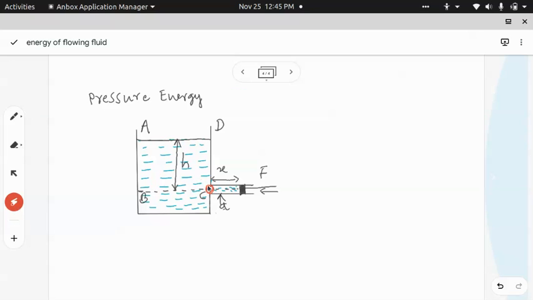If that piston comes up here, what will happen? All the liquid moves, and if I want to calculate the volume of this particular liquid, what will it be? I will write here. Who can tell me the volume of the liquid in this particular area?